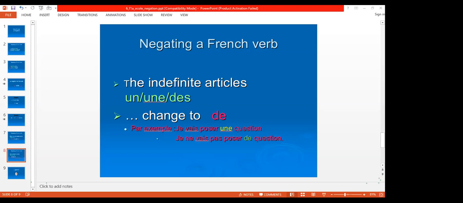And then numéro 2. Who's going to try that? Bravi Wainaina, please tell us that. Yes. Tell us the answer. To which question? You are not seeing the questions? No, I'm seeing the one for negating a French verb, the indefinite articles.